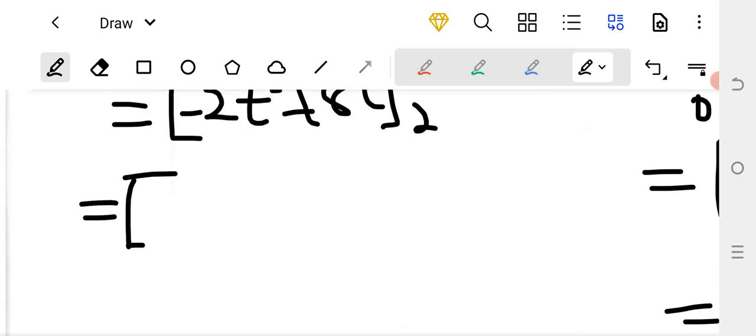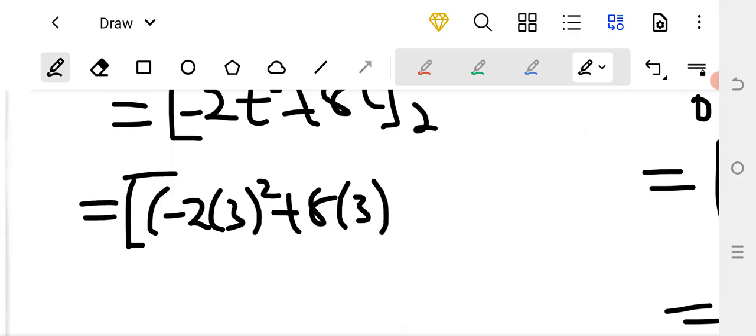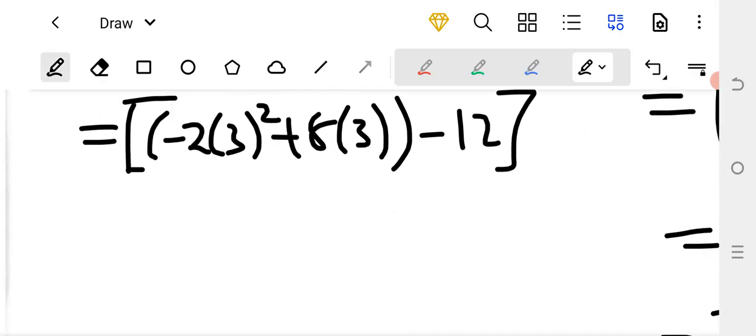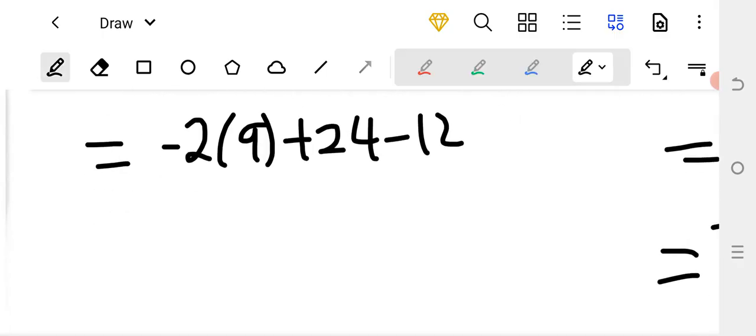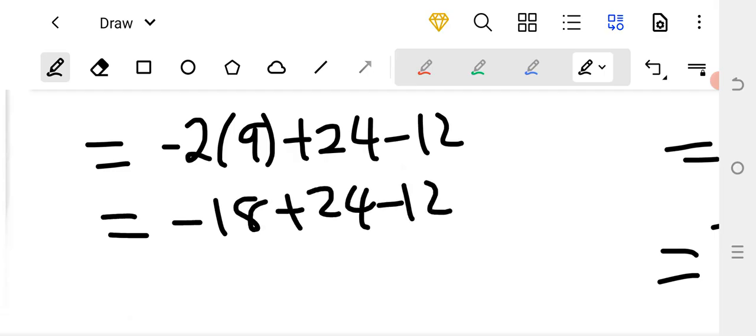It is equal to, in this bracket, negative 2 multiplied by 3 squared plus 8 multiplied by 3, minus 12, which is equal to negative 2 multiplied by 3 squared, which is 9, plus 8 times 3, which is going to give us 24, minus 12. So we're going to get negative 18 plus 24 minus 12.